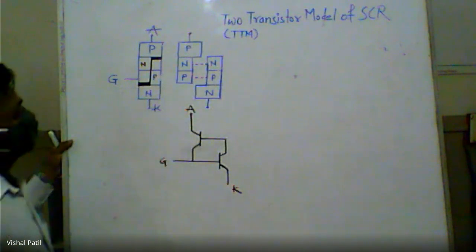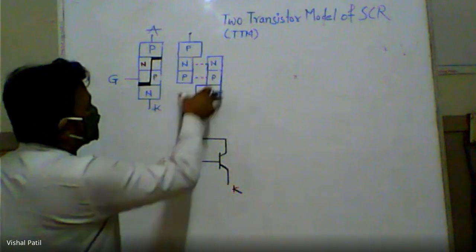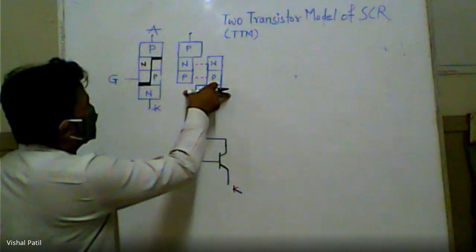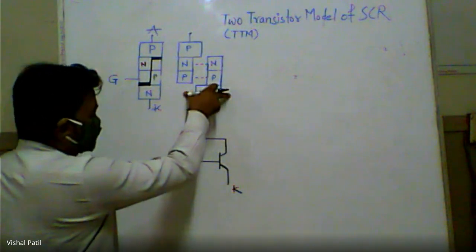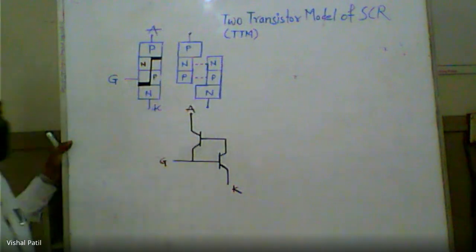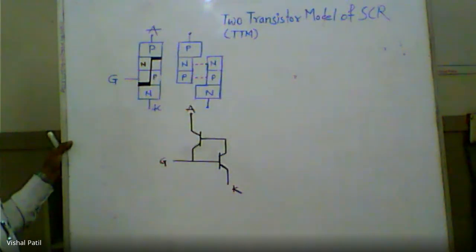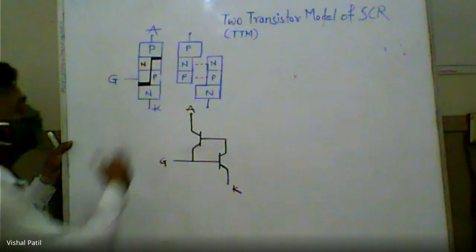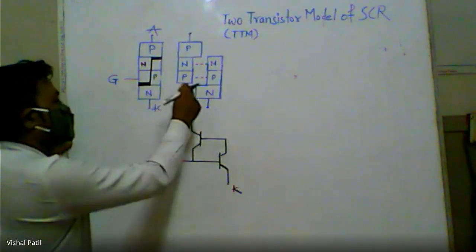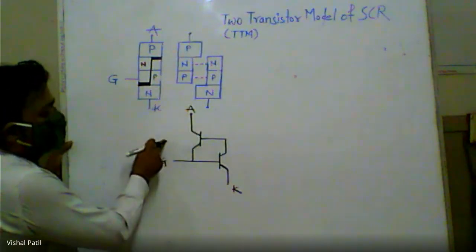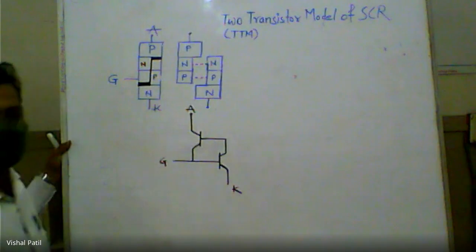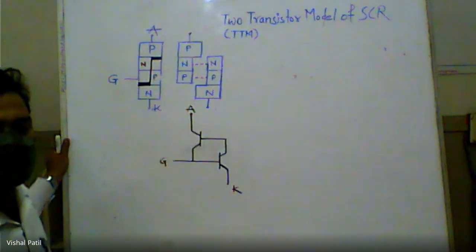Now, if we convert this structure into the equivalent circuit, it will look like this. And you can easily conclude that there are two transistors connected back to back.